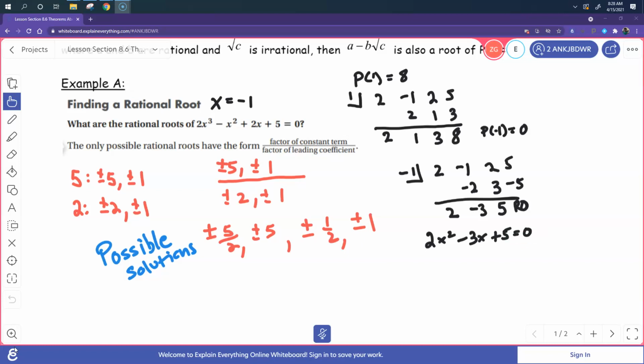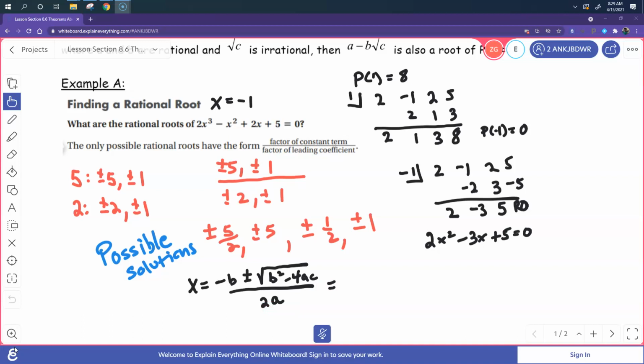Or you can continue testing these possible solutions. I'm going to use a quadratic formula. So you have x equals negative b plus or minus square root of b squared minus 4ac, divided by 2a.